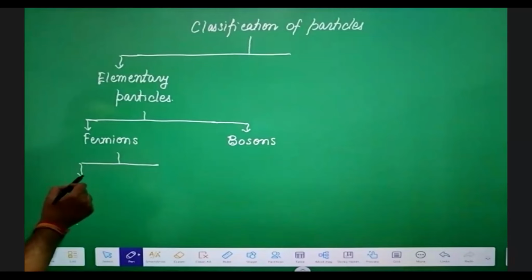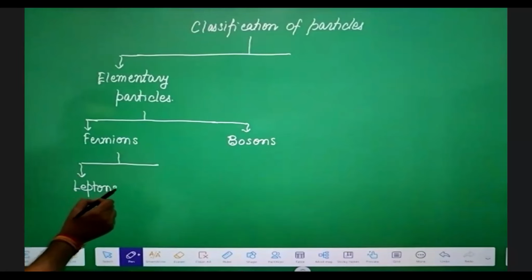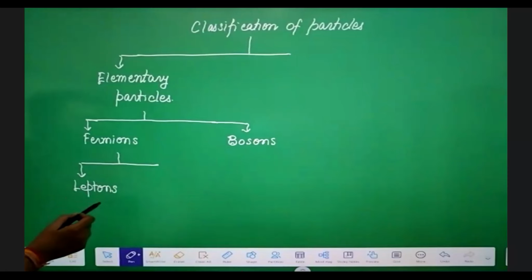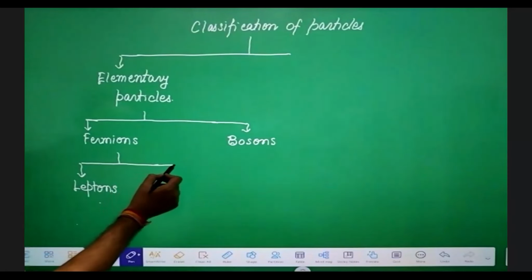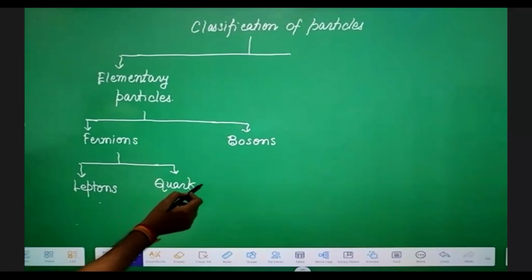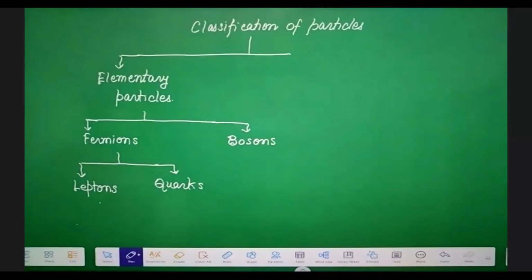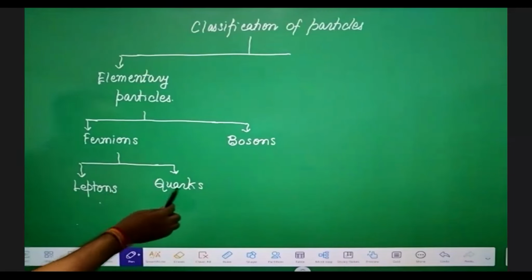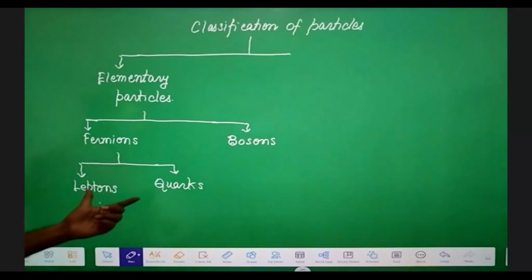One category is leptons, and the second category is quarks. So in fermions, two types of particles are there, leptons and quarks. Their spin is half integer.